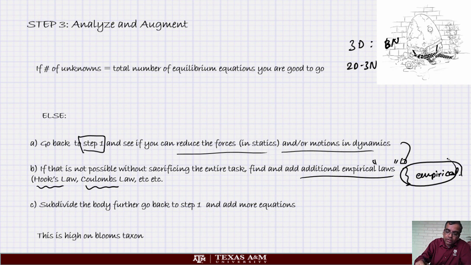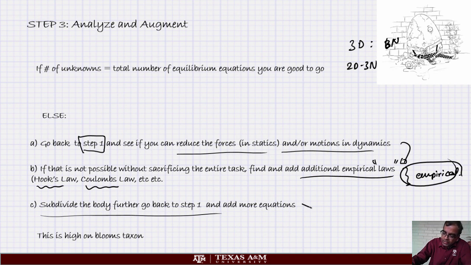If that doesn't work, then you may have to subdivide the body and go back to step 1 and write more equations. So the idea is, as you subdivide the body, you generate more forces, but if the number of equations you generate is slightly more than the number of forces you are generating, eventually you may be able to catch up.